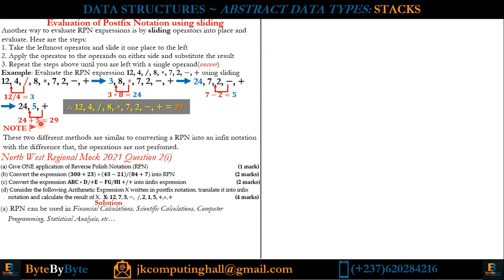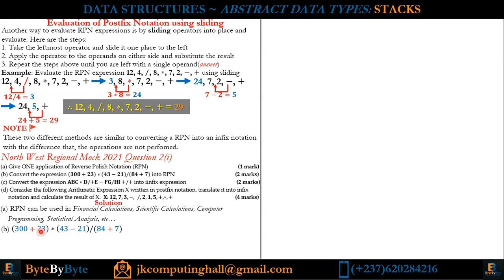The B, convert the expression into RPN. So they are indirectly asking us to convert into postfix, and you are not evaluating. So what do we have? First of all, I have 3 sets of brackets, like the third example we had. So when I evaluate this, what am I going to have in postfix? Perfect. 3, 23, plus.